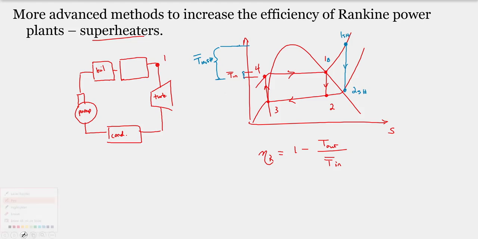So we can go ahead and we'll add some annotation here to say that's just for the boiler. I'll put my temperature axis back on there. And we can see that for the superheater, the average T in is greater than the average temperature at which we add heat for the basic boiler system. So the Rankine cycle with superheat, that efficiency is greater than the Rankine cycle with just the boiler.